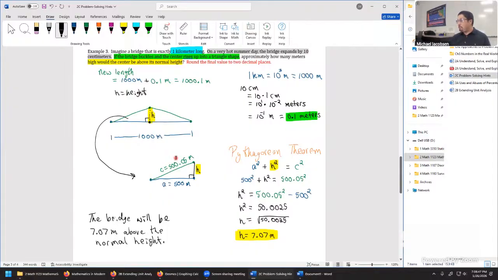And to me, right where the red dot is, those 2 values, that's the hardest part of the problem. If you can get those in just right, then Pythagorean's theorem is kind of just a plug stuff into a formula and solve process. But at the same time, we had to be very mindful of the units, do the unit analysis to get that 1,000 meters or 1,000.1 meters in the very first place.